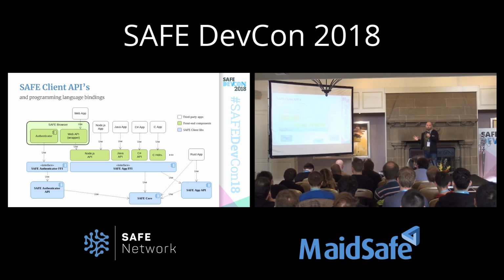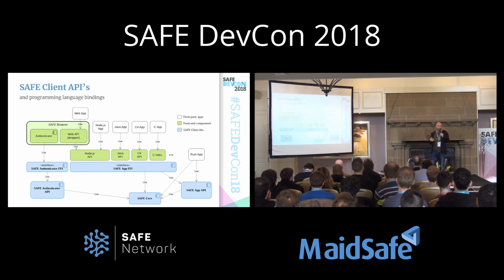We are now working on trying to make them more similar, so you don't really need to change your code if you want to move from a Node.js app to a web app.